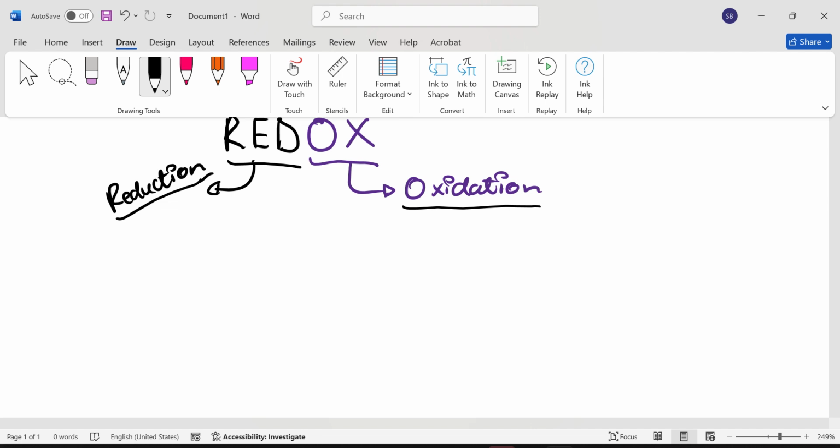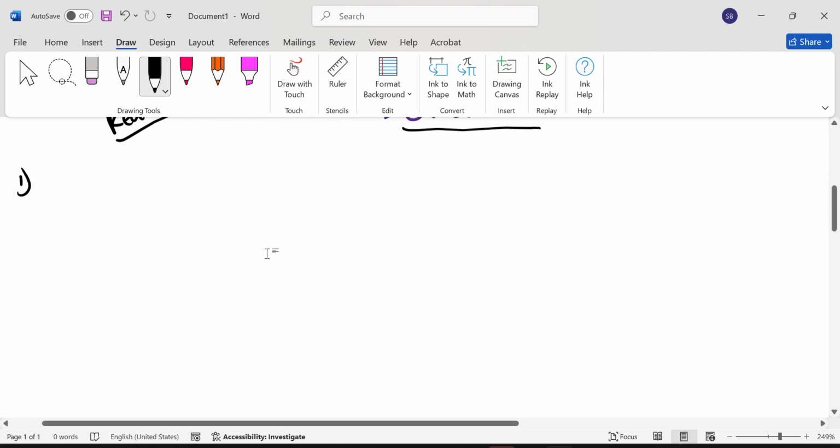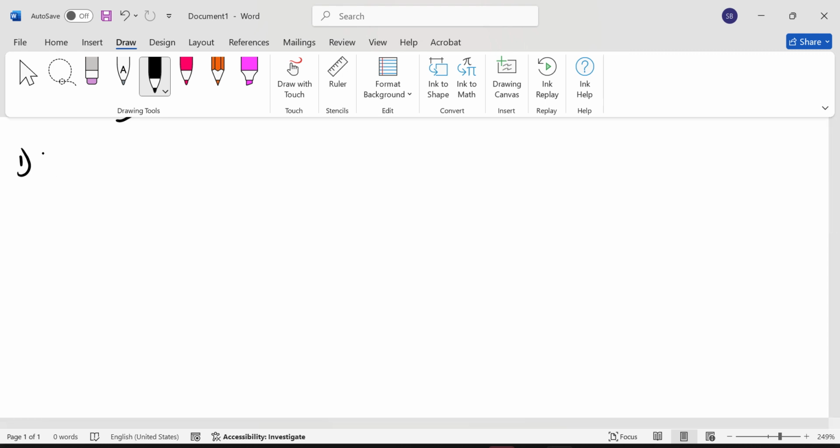So what exactly is reduction? By definition, we have the first way. You may be asked to define oxidation and reduction in terms of electron transfer.